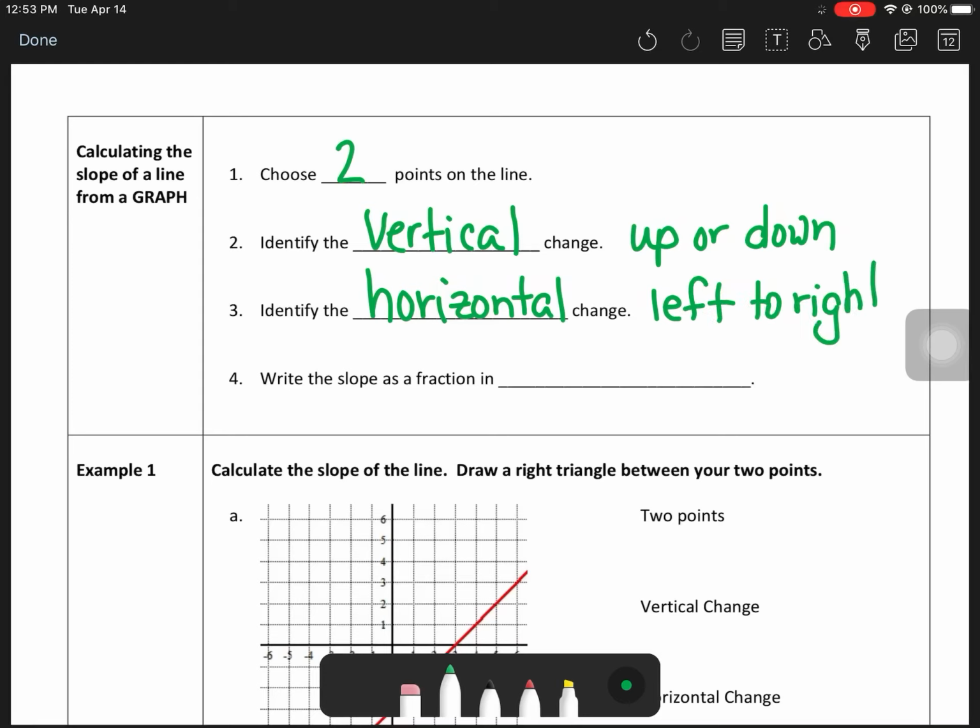Then we write the slope as a fraction in reduced form. And when we write the fraction, we write vertical change over the horizontal change. That is our slope.